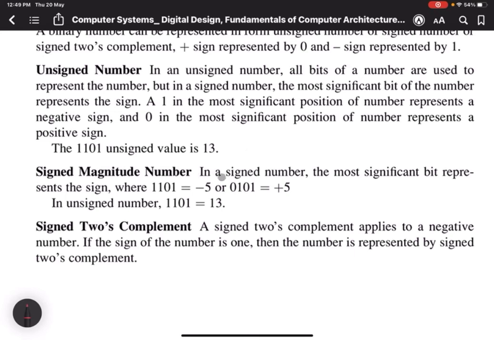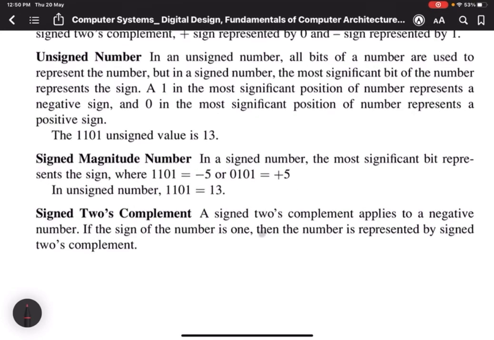In a signed number, the most significant bit represents the sign, where 1101 equals negative 5. Yung dulo 1 represented by negative. Kung naman siya ay 0, then it will be a positive 5. So in the unsigned number, 1101 will be 13 kasi unsigned siya, pero kung signed number, then it will be either negative 5 or positive 5.